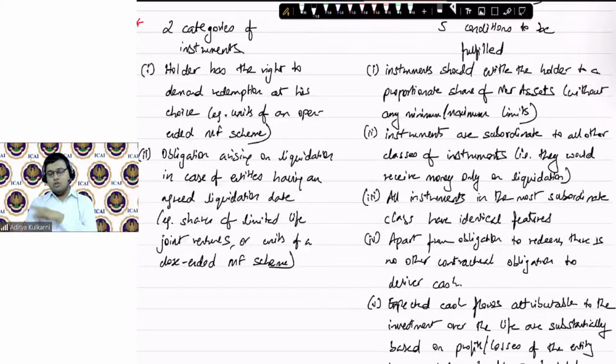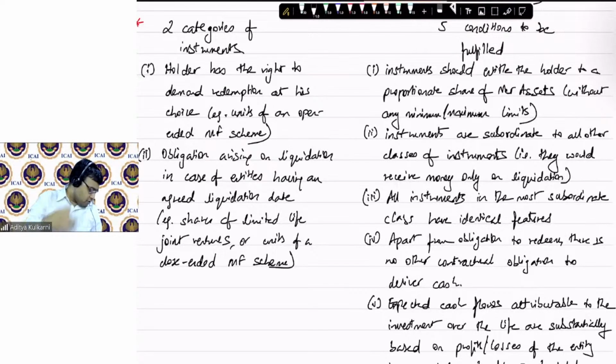And therefore, though for these open-ended mutual funds the holders can put the units anytime, it is still recognized as equity because a mutual fund will meet all these 5 characteristics. So if the instruments meet all the 5 conditions, then they would be classified as equity instead of liability. Is it okay?